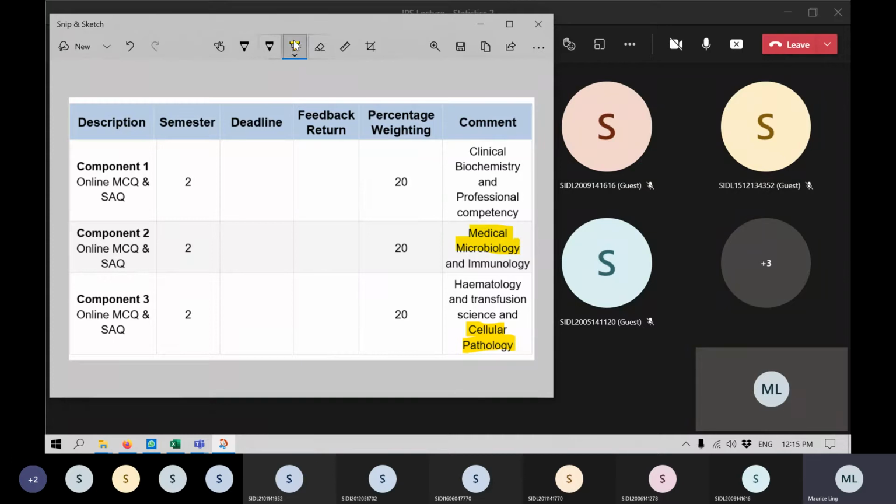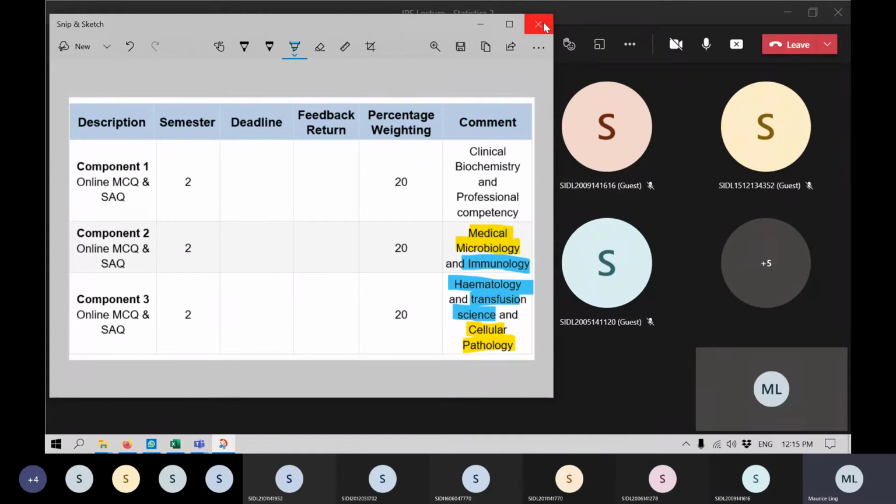So minimally, what you will expect tomorrow is immunology, hematology, and transfusion science. These three, the blue ones, should be tested, but I cannot confirm whether the rest are tested or not. So I just want to flag it out. As much as possible, we are trying to get marks for you for your cellular pathology, but this argument is not going to work the next time. That's the most important part.